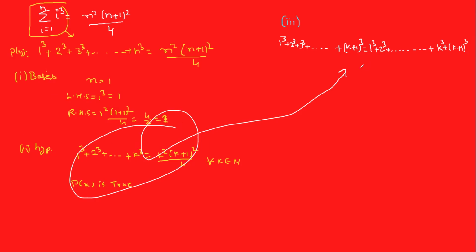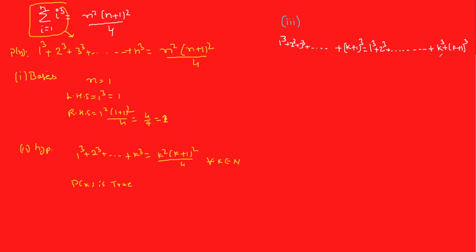See, from 1 to k, it is right. So you can write k square, k plus 1 square upon 4, and this is the remaining part. Okay.